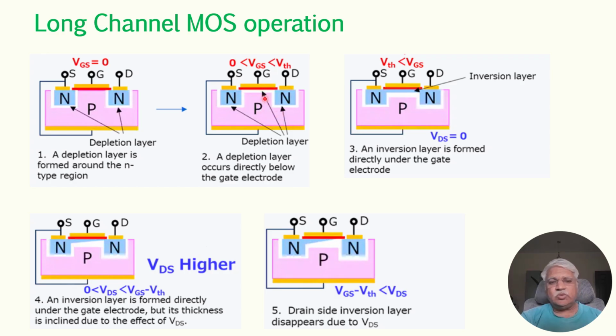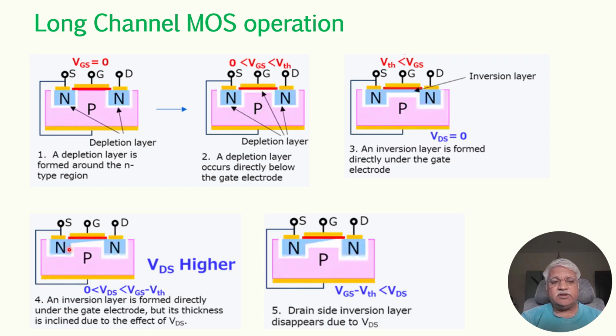Actually, a depletion layer has been observed here, and when VGS is greater than the threshold voltage, the inversion layer has been formed.